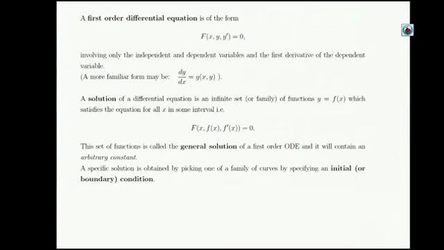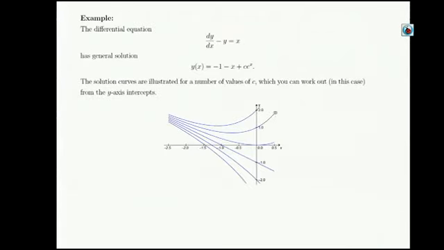Here's a little example. This is an equation which you probably can't solve yet, but by the end of this section of the course you'll be able to. The solution looks like this, and if I differentiated it and substituted it in there, I should get back x. You can try that on the weekend if you're looking for something fun to do. Anyway, I can plot this solution for different values of c.